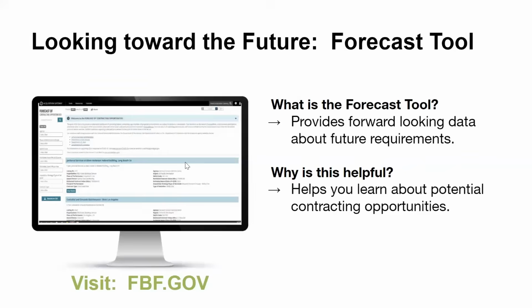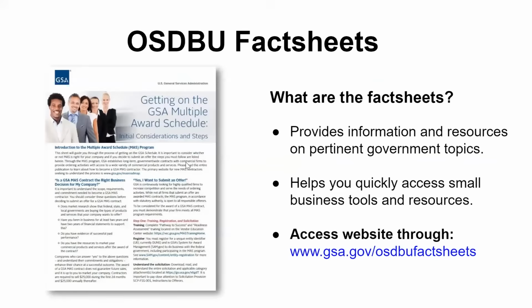We also have our OSDBU fact sheets. This fact sheet here outlines the process for getting on the GSA schedule, and this was completed by our friends in FAST. It outlines a lot of the information we gave you, with access to pertinent websites. This is located on our fact sheet page, where we also offer market research.